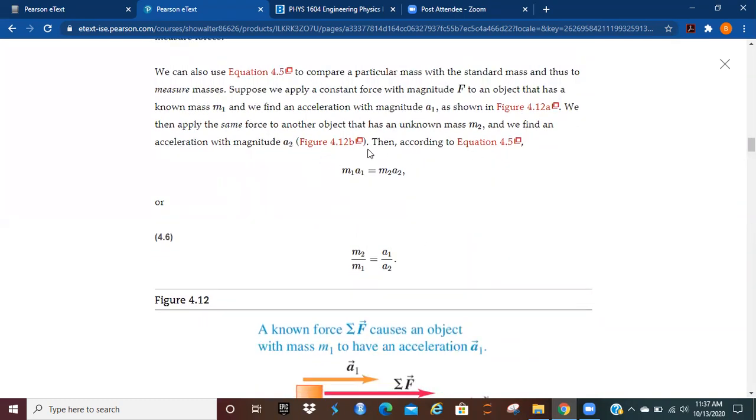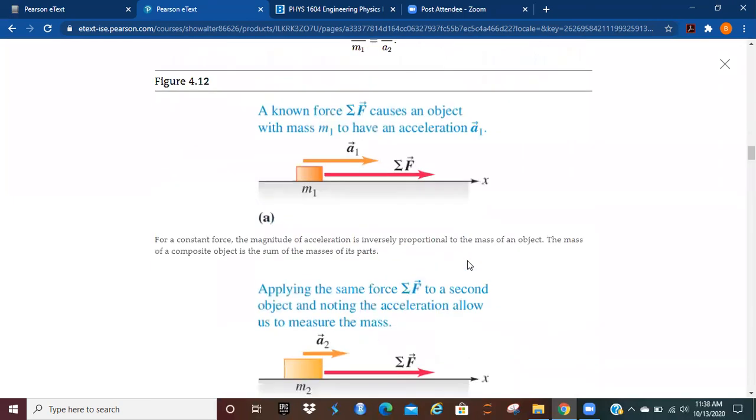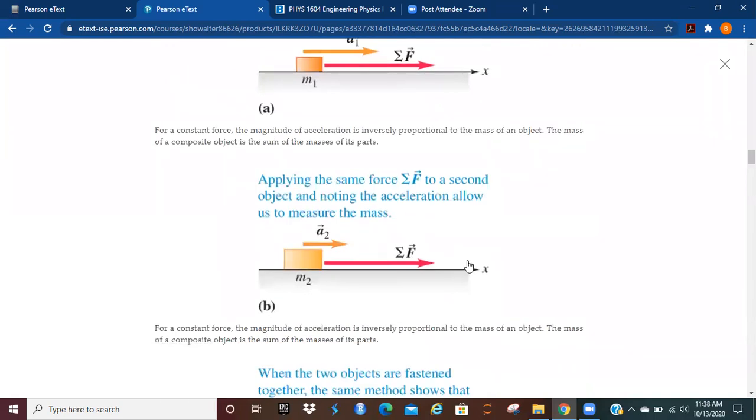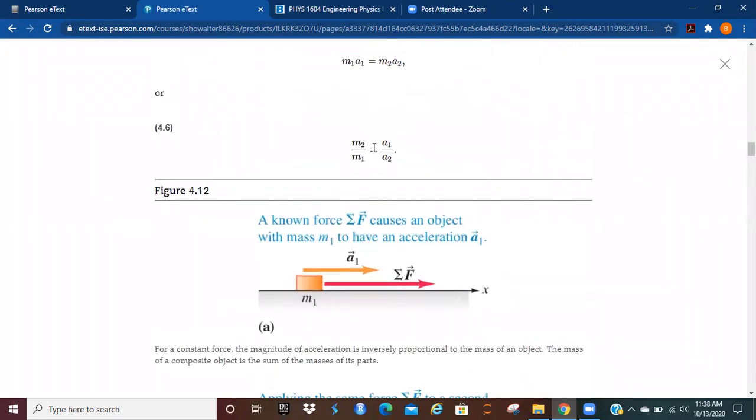Then, since both have the same force being applied to them, the mass of the first times the acceleration of the first is going to be the same as the mass of the second times the acceleration of the second. And if we arrange it such that we have the masses on one side and the accelerations on the other, you can see how they're related. So if we know the accelerations and the mass of the first one, we can compute the mass of the second.